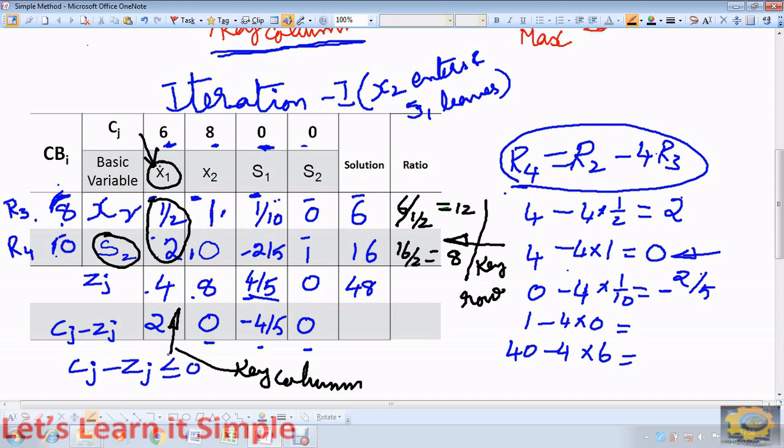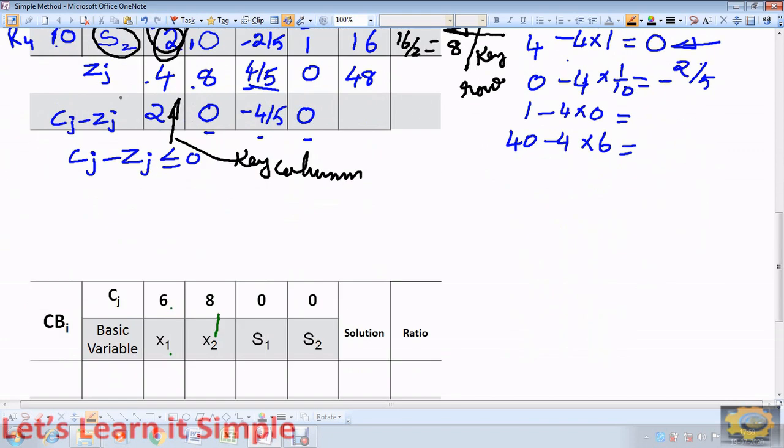Now the intersection of the key column and key row is 2. This is the pivot element or key element. So this key element should be made 1. Now for that we need to go to iteration 2.